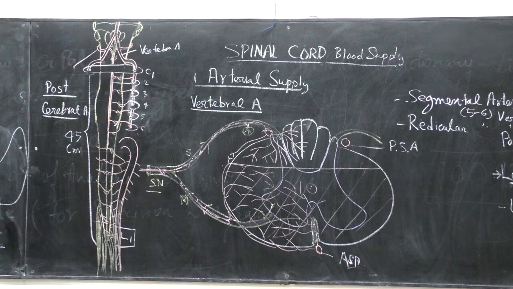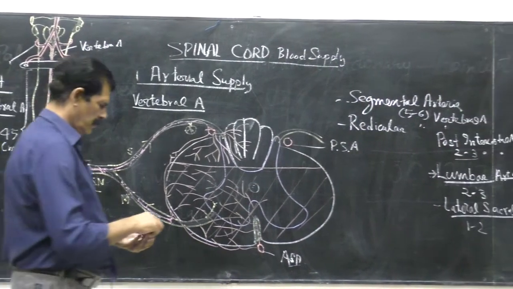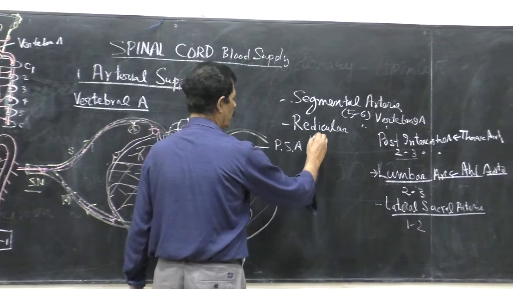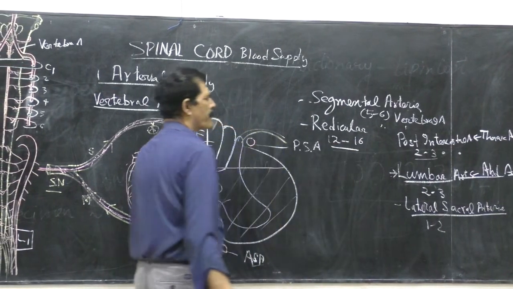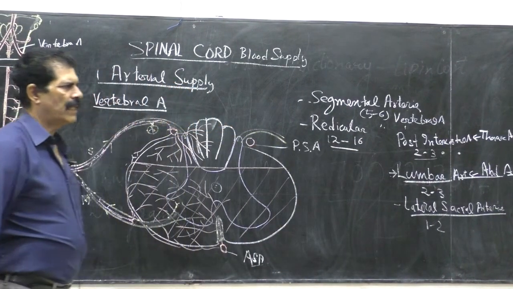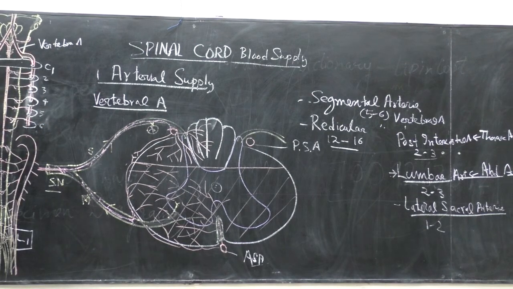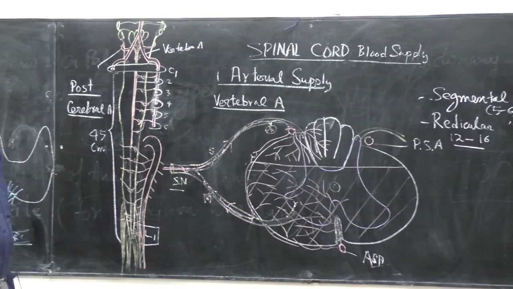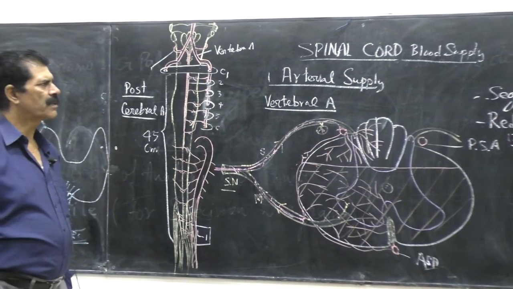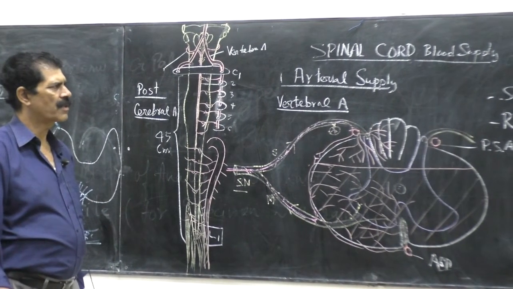The radicular arteries are about 12 to 16 in number, and they also supply and anastomose with the posterior spinal and the anterior spinal branches.